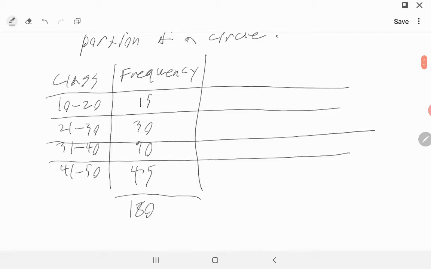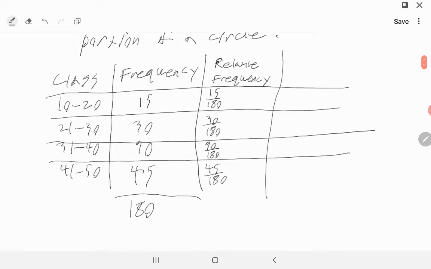And so we notice that we can get relative frequency, and we'll just leave it in a basic unsimplified fractional format, which is convenient in this case because we're going to multiply that relative frequency times 360 degrees.